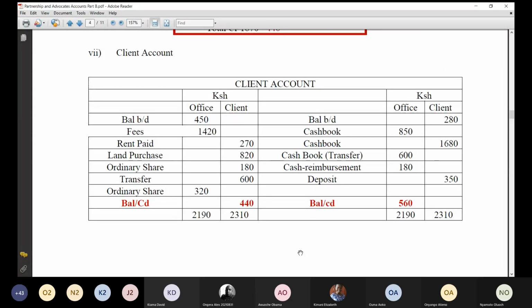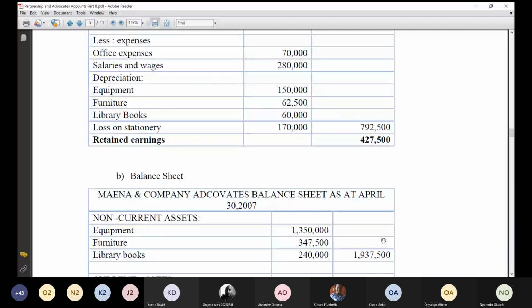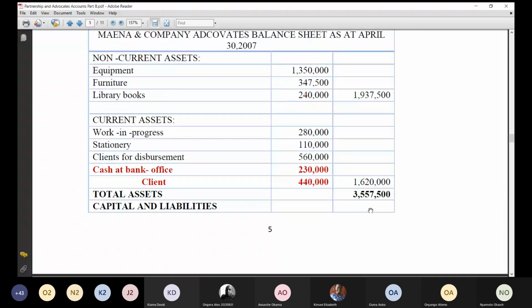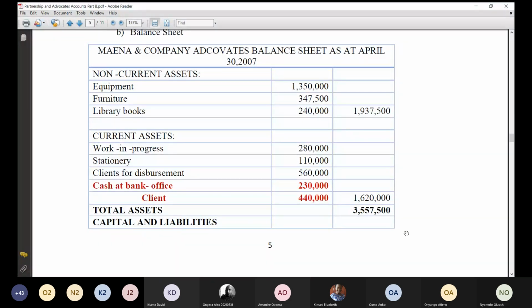So should we then decide to dissolve this, then we must pay our clients 440, and the disbursements of our clients that must be paid is 560. So once you've made your format of the balance sheet, which doesn't change, you can put this. You are seeing clients' disbursements, the 560, what our clients owe us.